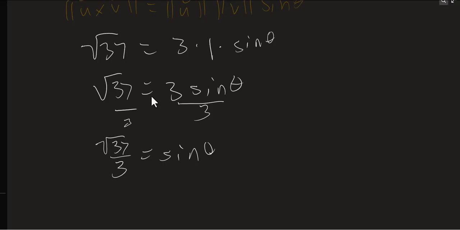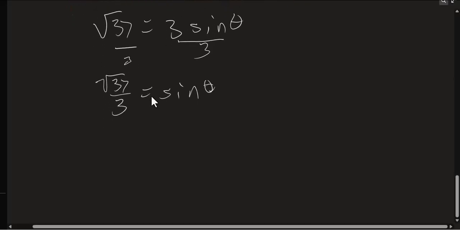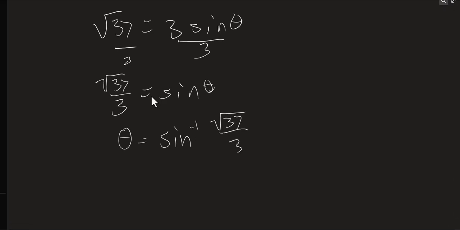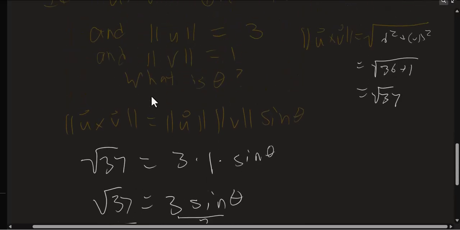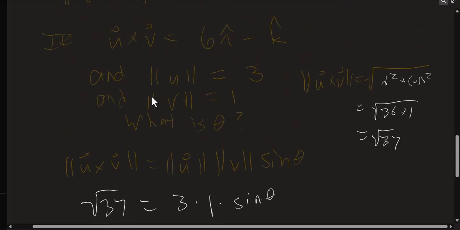And then this is just like the one on the dot products. So theta equals the inverse sine of the square root of 37 over 3, which is really bad because that ends up being impossible. But let me go back and change my problem and say the magnitude of u is 9.